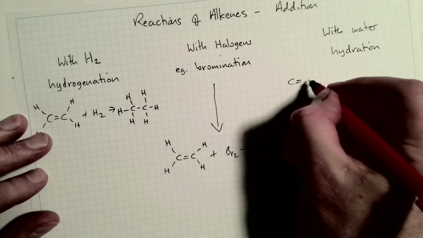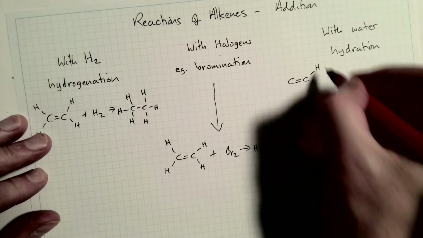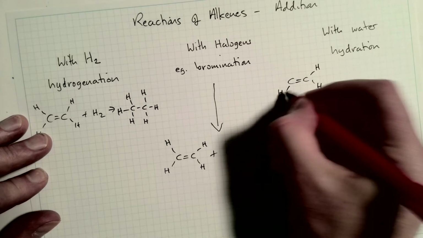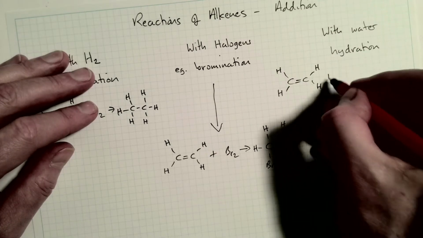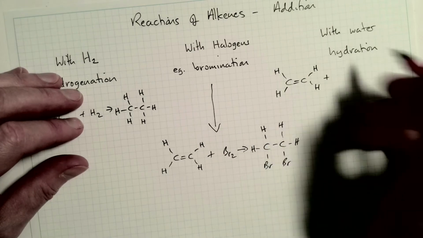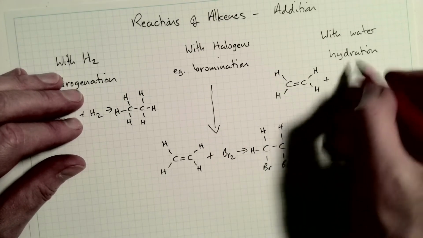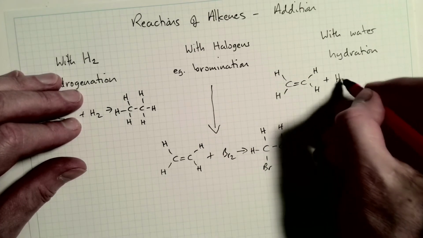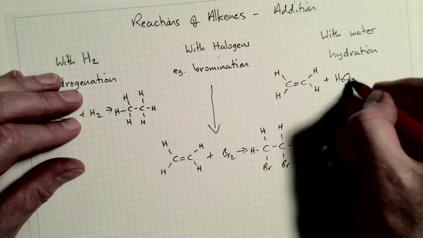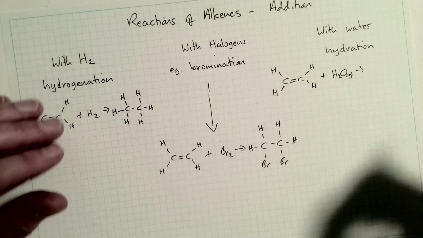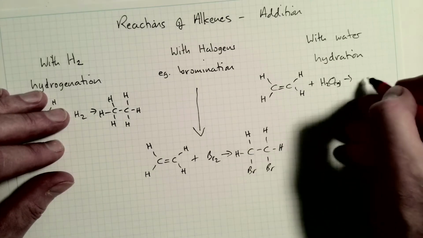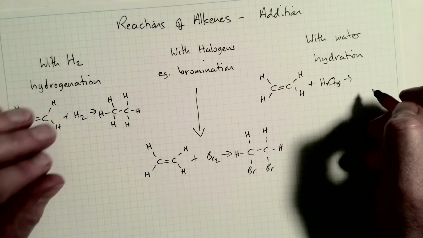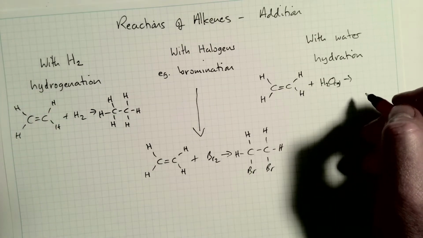Okay, and then finally, if we're going to do a reaction with water, this is quite a common reaction. It's usually done with steam rather than water, because you need the temperature, it's carried out at high temperatures, but we're going to call it H2O as a gas. And that's going to form what we call an alcohol, and this is a whole new form of organic molecule.